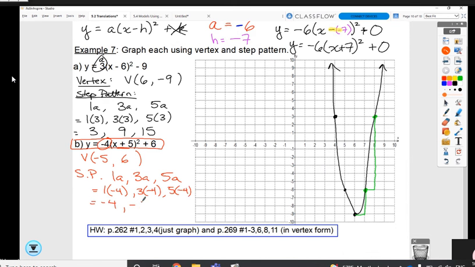And our pattern is negative 4, negative 12, negative 20. So we're starting at negative 5, positive 6. We're going over 1, down 4. 1, 2, 3, 4. Over 1, down 12, which brings us all the way down here. That was a huge vertical stretch. Over 1, down, over 1, down. There we have it.